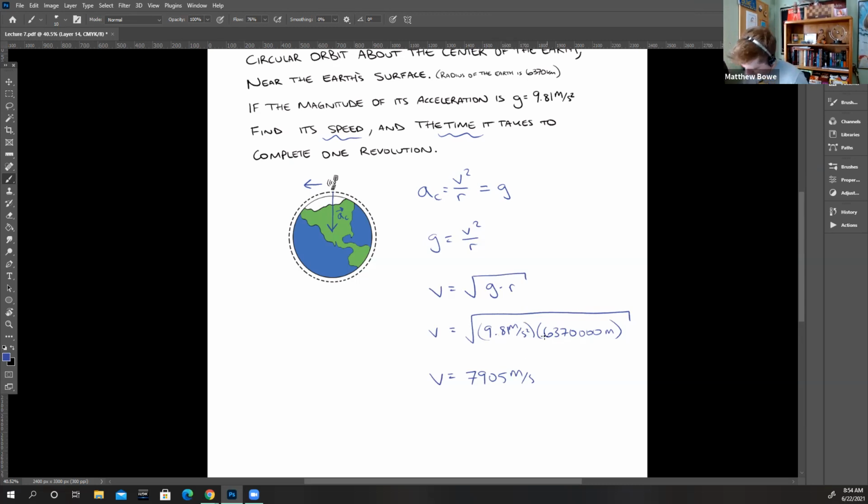And since there are 3 significant figures in that one, and 3 significant figures in the radius, it wouldn't hurt to make the answer at the bottom also 3 significant figures. So at the third place, we're going to round. So 7,910 meters per second.